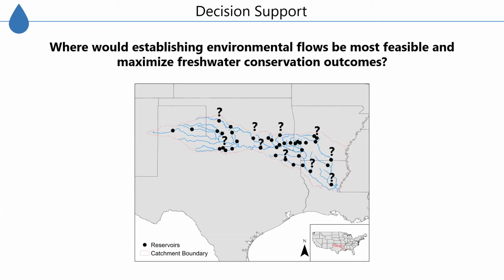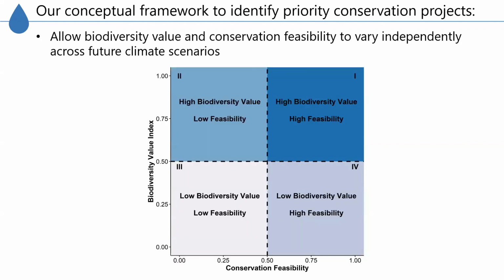So we were thinking about where establishing environmental flows would be most feasible and maximize freshwater conservation outcomes throughout the basin. So we came up with a conceptual conservation planning framework to identify priority conservation projects. We also wanted to incorporate climatic uncertainty into this because we're thinking about climate change a lot here.